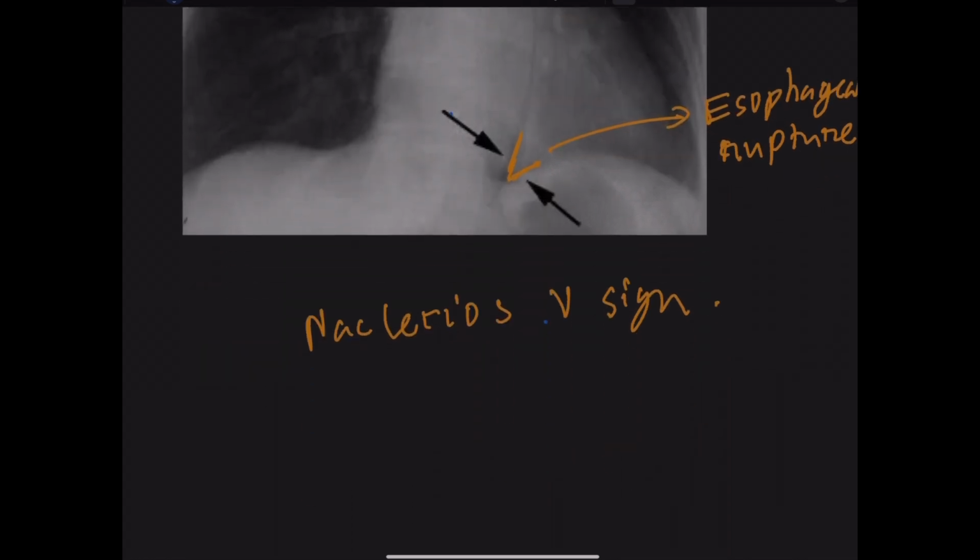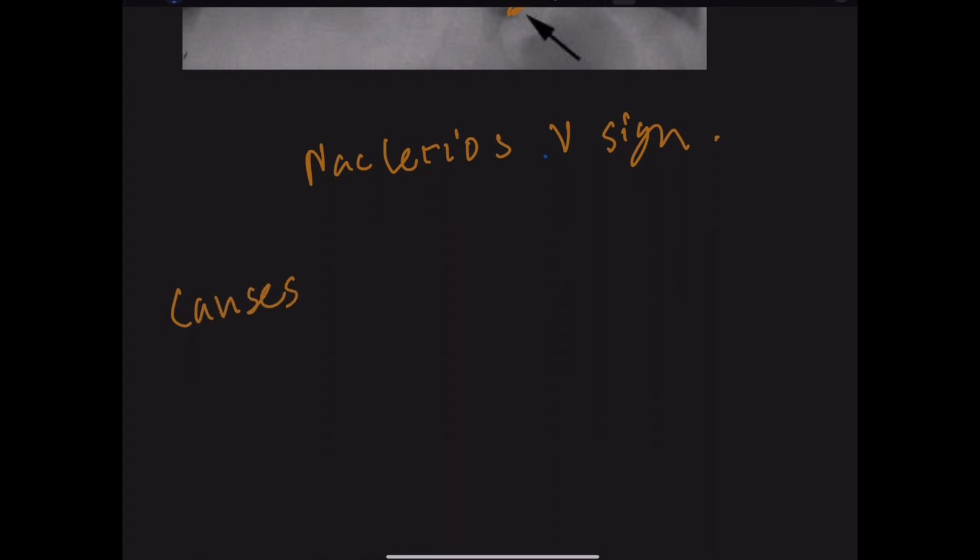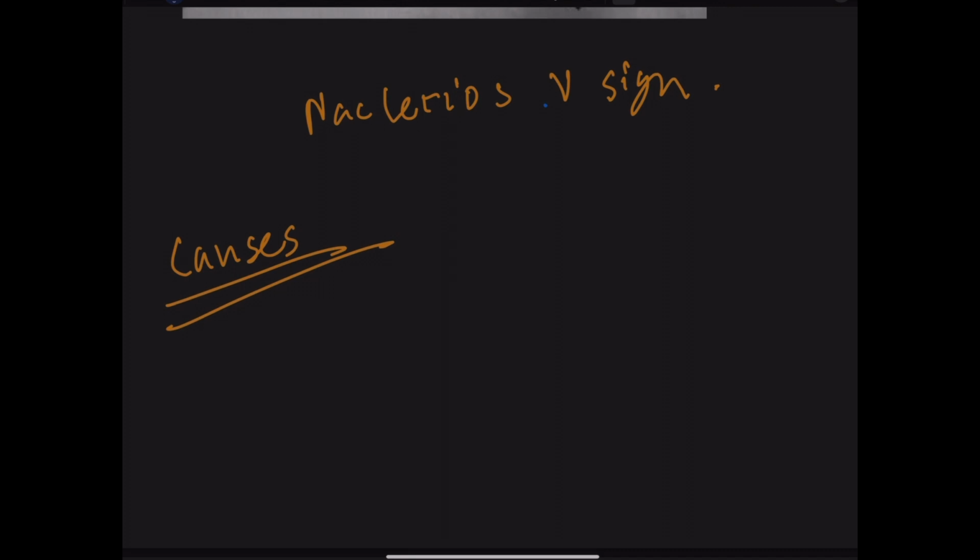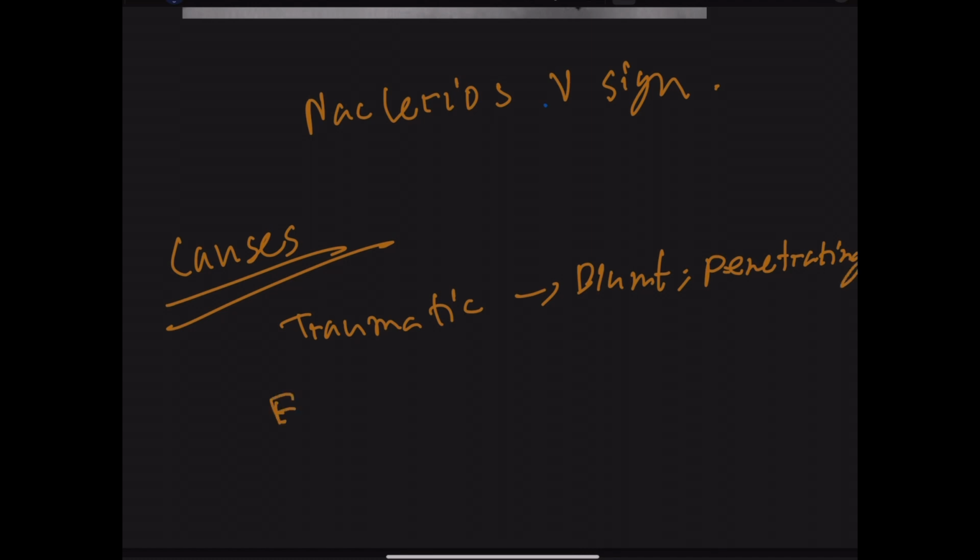So let's see the causes of pneumomediastinum. It can be traumatic. Firstly, blunt chest trauma or penetrating chest trauma can cause pneumomediastinum. Then there is esophageal rupture, and it gives the Naclerio's V sign.